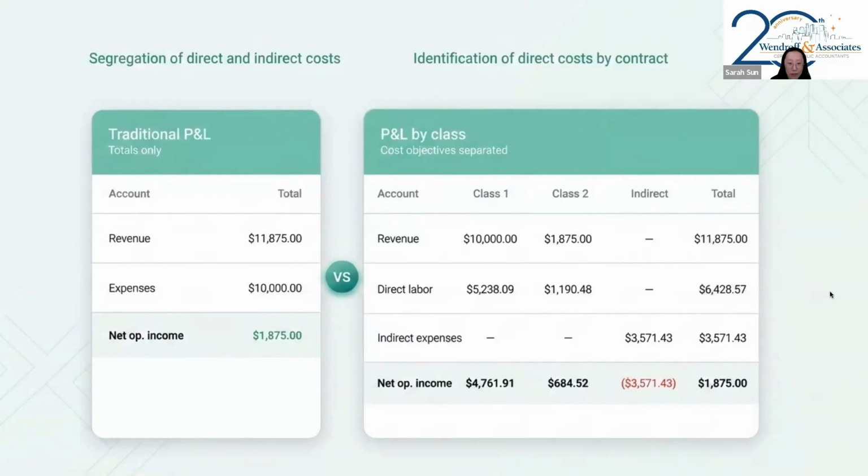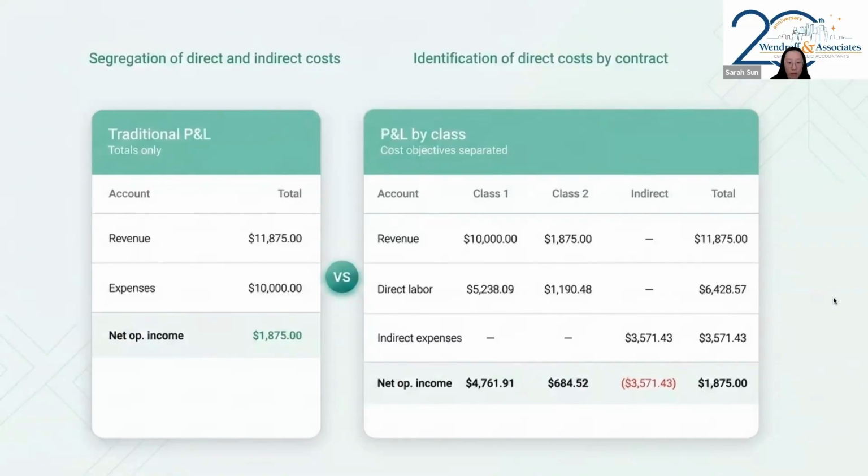Following that, there is an indirect expense section. In reality, the indirect expense section could include a lot of different expense account names under a few different indirect expense pools, which could include a fringe expense pool, an overhead expense pool, as well as a G&A expense pool.